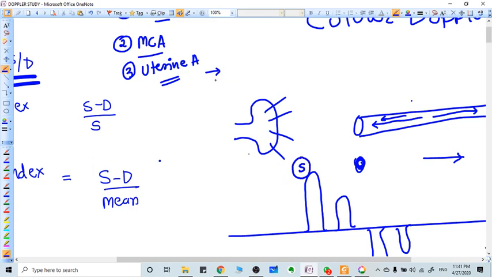What is S wave? S wave means blood flow during the systole. It can be in both directions.